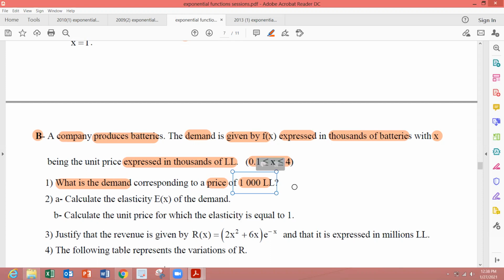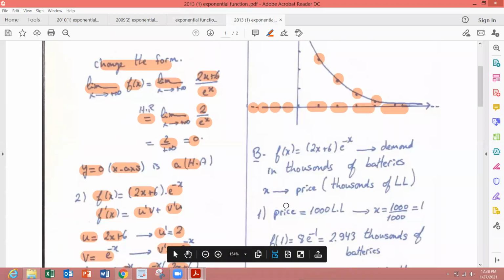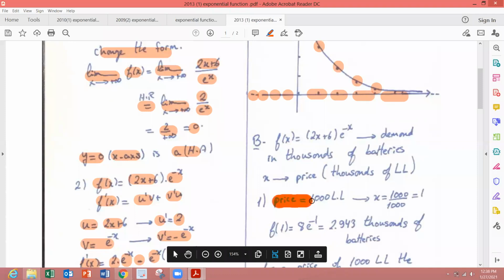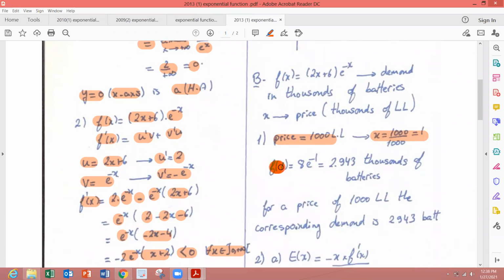Okay. How to calculate the demand corresponding to a price of 1000? 1000 over 1000 gives 1. We put it in Fx, so F of 1. So price equal 1000. The price is X. X equals 1000 over 1000 equal 1. F of 1 equals 2.943.